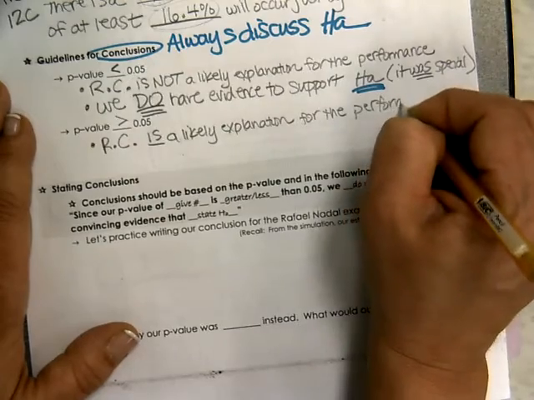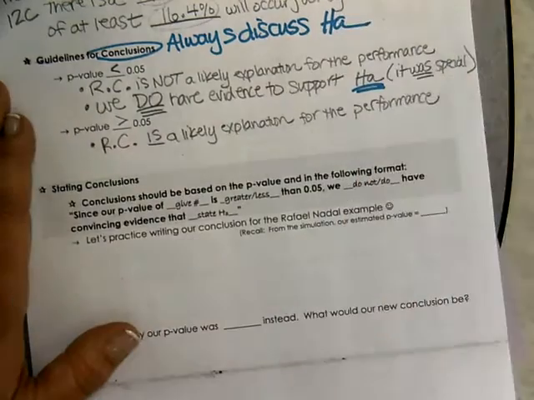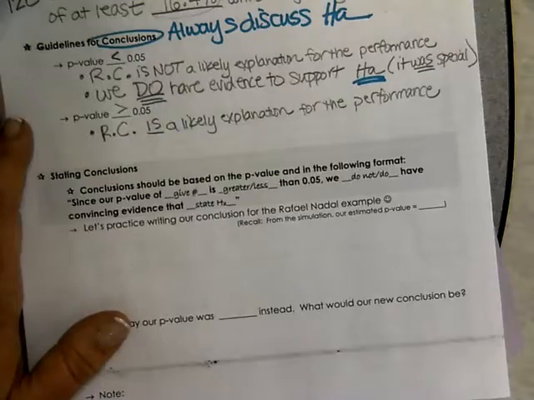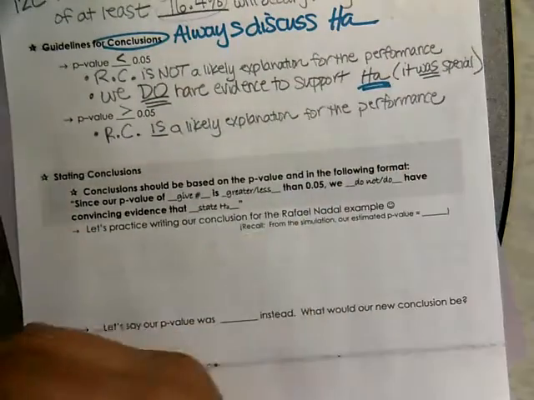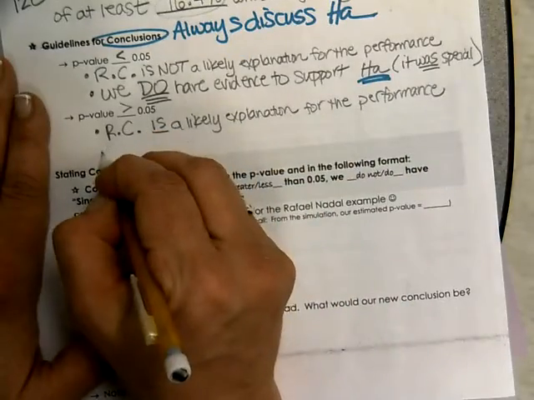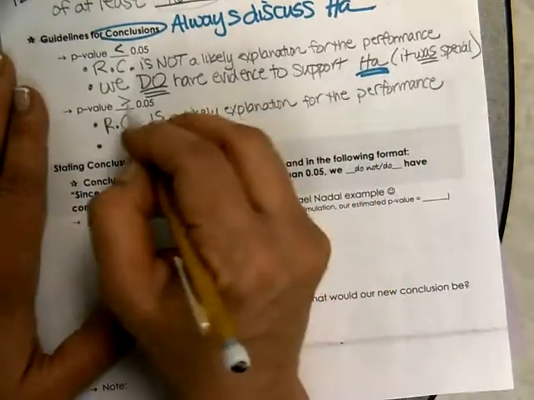Again, if it was more than 5%, that means it happened often in the simulation. Often in the simulation, that was random chance. So if it happened often by random chance, that means it wasn't really all that special.